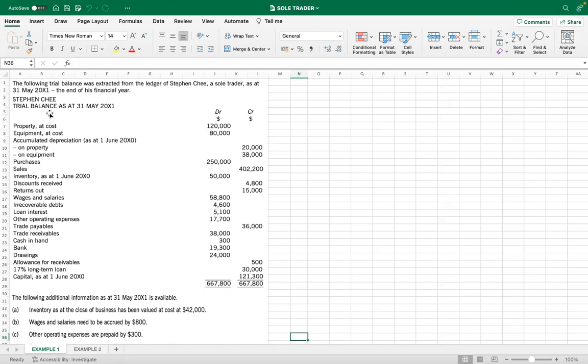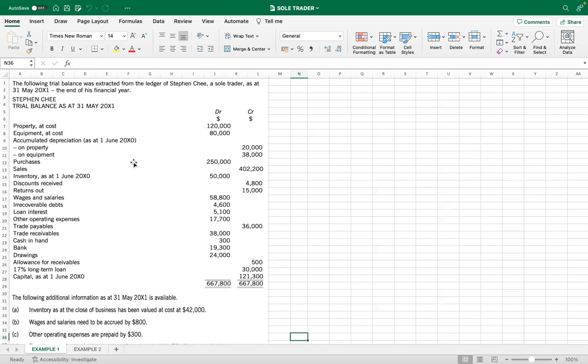So Stephen Chi's trial balance as at 31st May 20X1: property at cost, equipment at cost, accumulated depreciation as at the beginning of the year. Which means we'll have to calculate depreciation for the year on property and on equipment.